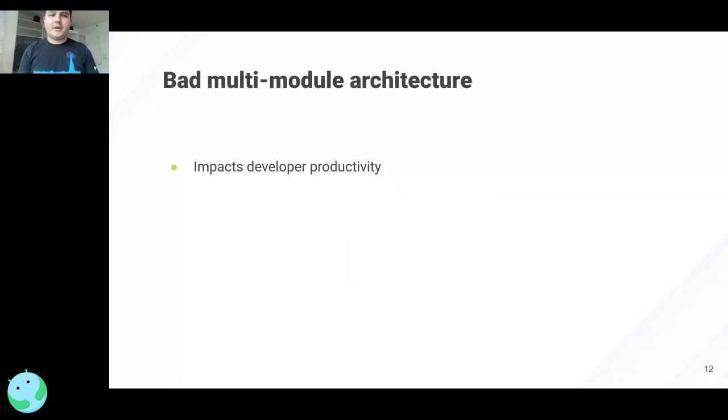The reason is that a bad multi-module architecture can lead to some pretty big problems. First of all, it might impact developer productivity, and in particular, it can slow down build speed really quickly. We will see in this talk why it happens and how we can attempt to fix it.